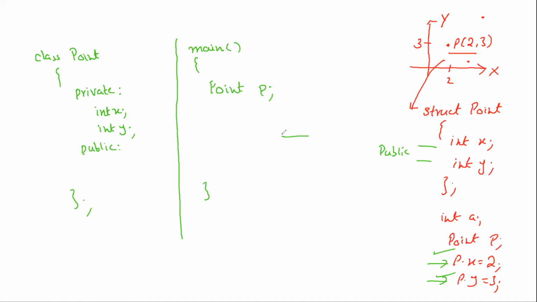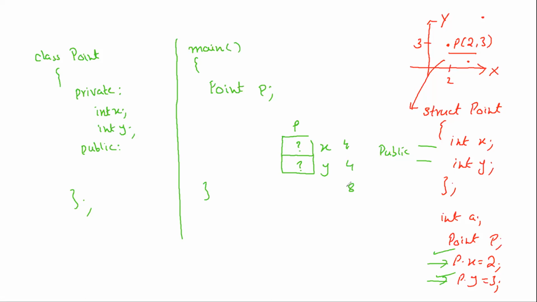When you write point p, you have a variable which is p, but now p actually has two components. p also has an x, p also has a y. So it means there is some garbage value, we don't know what is here, but the important thing is that this x is taking 4 bytes and this y is also taking 4 bytes, so it is taking 8 bytes in total.